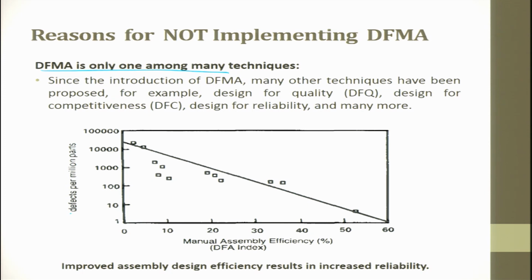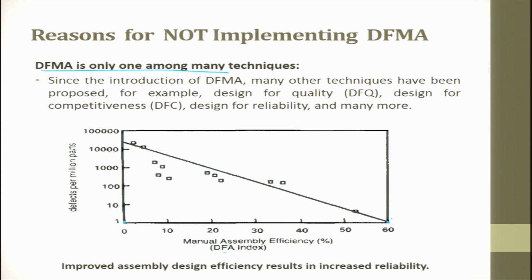If you look at it, defects per million parts, okay. These are in million parts. These are the manual assembly efficiency DFMA index. You see that when the efficiency is very high, 60%, the defective parts produced is 1.